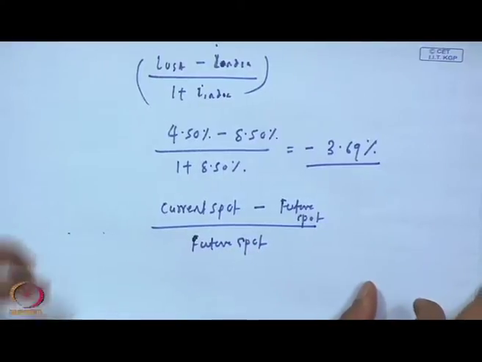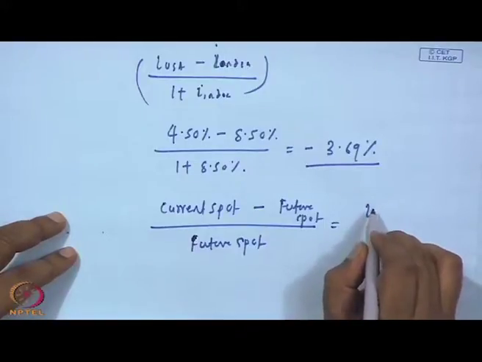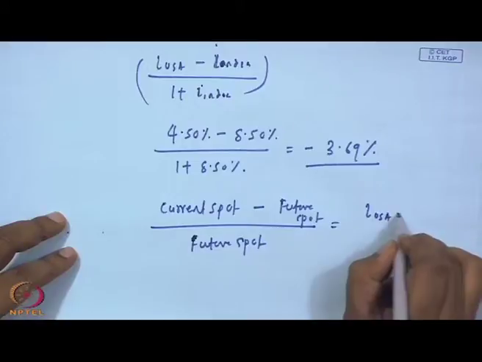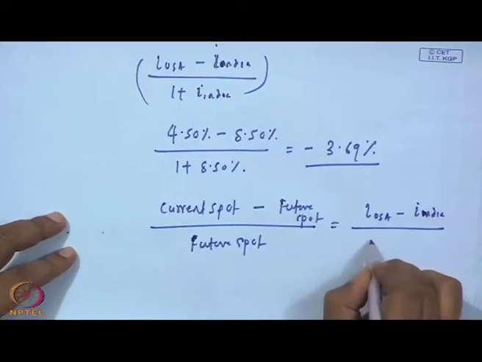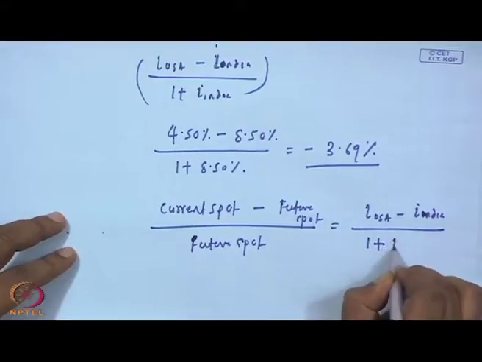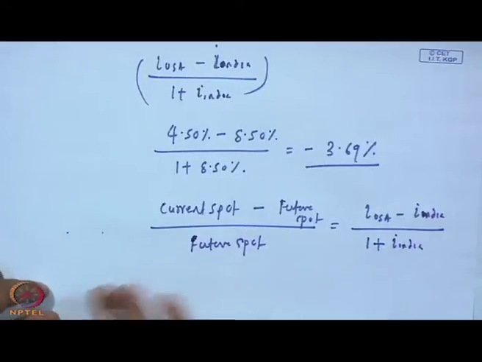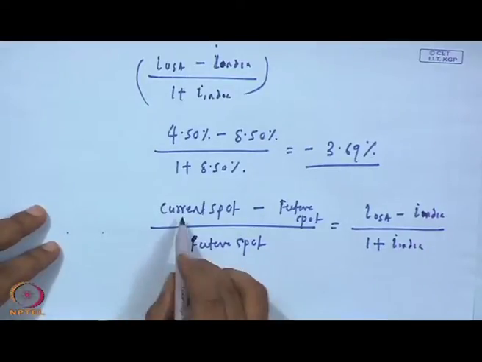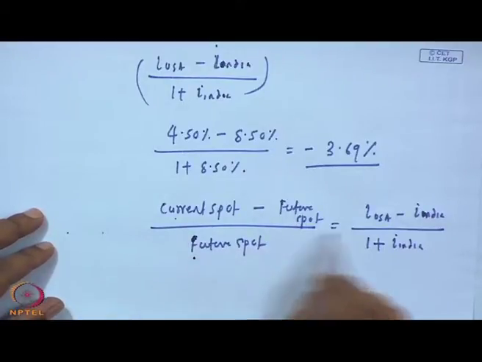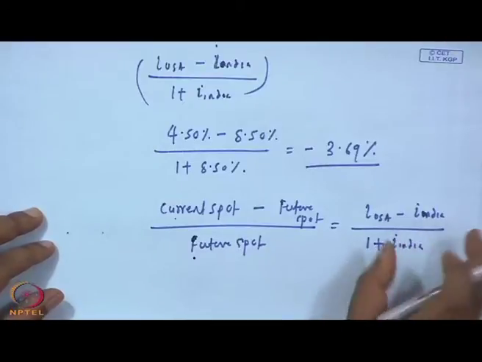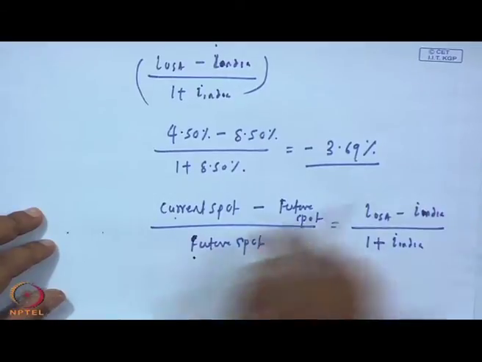This should reflect the interest rate in US minus interest rate in India, divided by 1 plus interest rate in India. These two need to be equalized. So, current spot minus future spot divided by future spot is supposed to be the interest rate differential, that interest rate differential percentage.